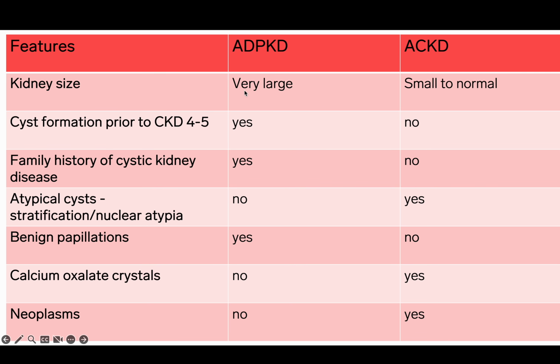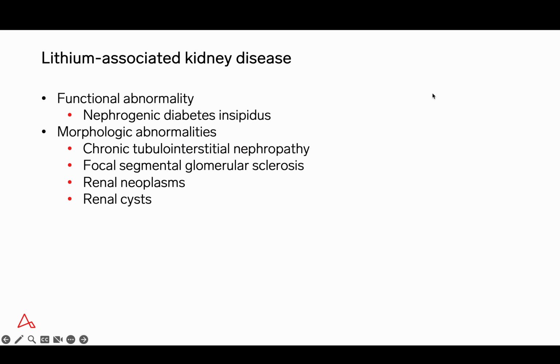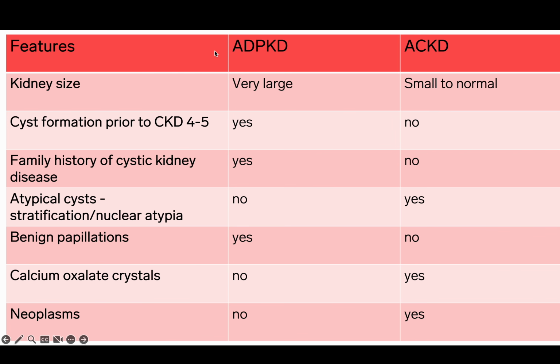In acquired cystic kidney disease, the kidneys are small to normal in size. Conversely, in autosomal dominant PKD, the kidneys are very enlarged. Cyst formation occurs early on in autosomal dominant PKD, whereas it only occurs at the latter stages of advanced CKD and acquired cystic kidney disease.